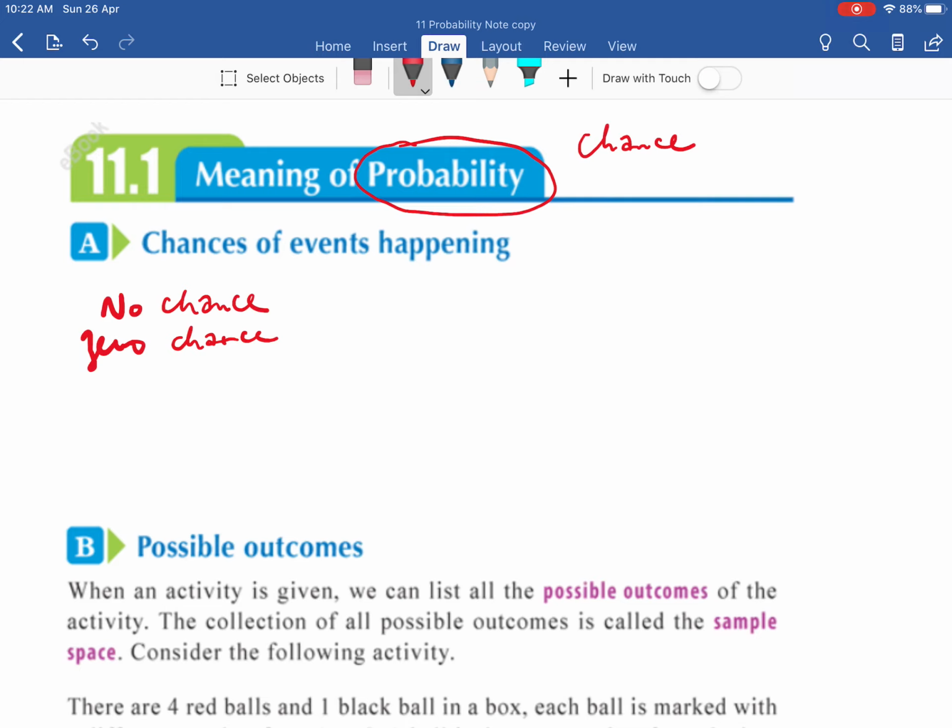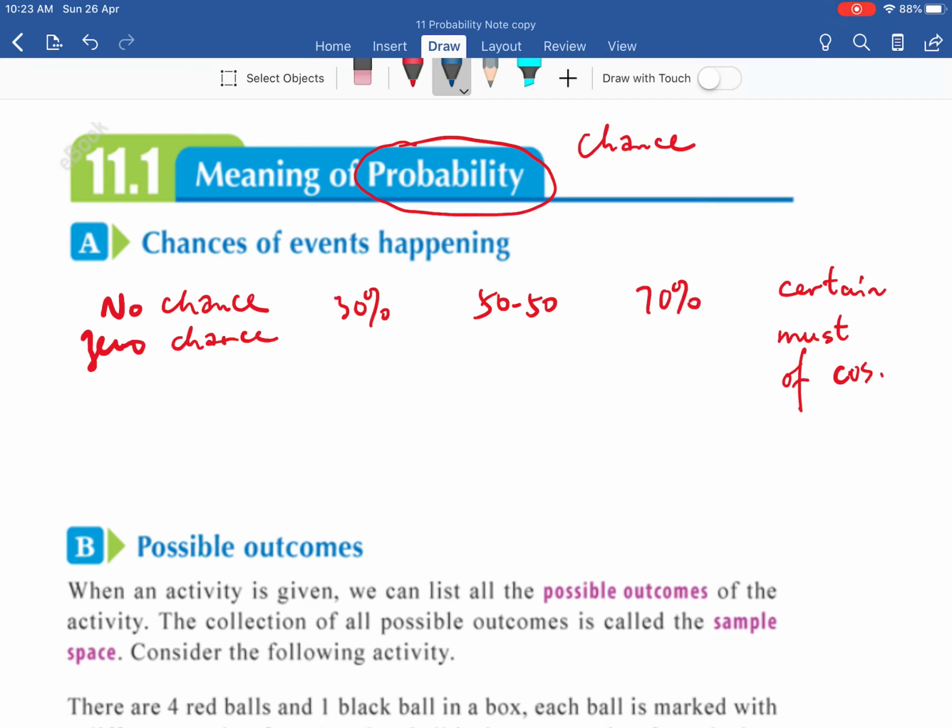And the other extreme is that it is certain, or must, of course. And in the middle, there may be 50-50, or 70%, or 30%, something like that.